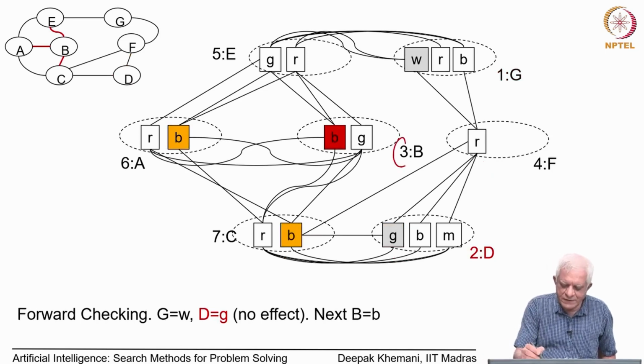So, now we move to the third variable and we choose the first value there, and as you can see, we will end up deleting these two values because they are not consistent with the value of B that we are selecting for this essentially.